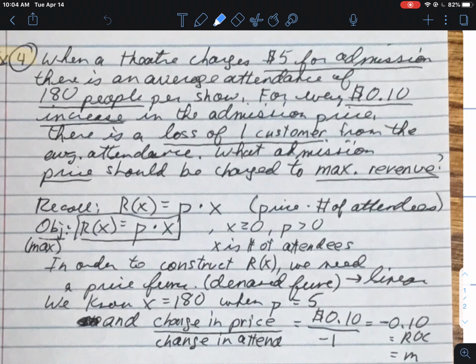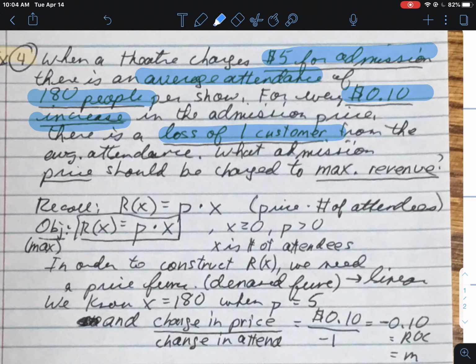So for number 4, when a theater charges $5 for admission, there is an average attendance of 180 people per show. For every 10 cents increase in the admission price, there is a loss of 1 customer from the average attendance.